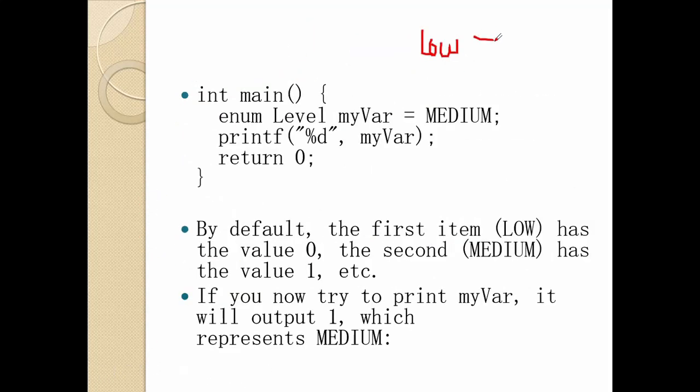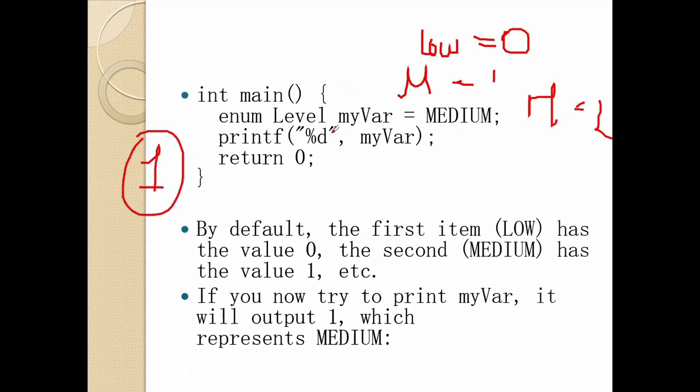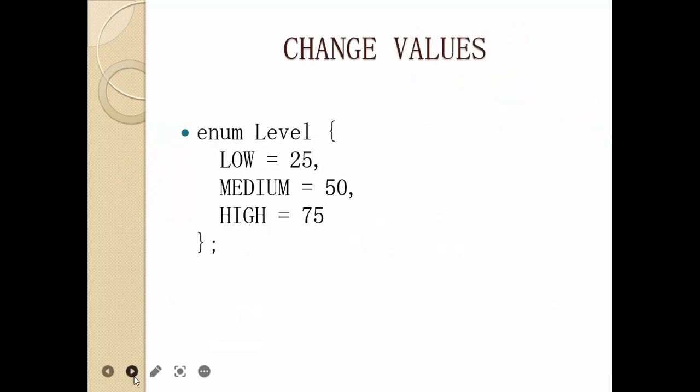For low it will take 0 automatically, for medium it takes 1, and for high it takes 2, because we have not defined values, and by default it has the provision of taking values. So what would the answer be? The answer would be 1, because we are putting the value medium in myvar, and medium has the value 1 as per the default convention. So this is how the functionality works.